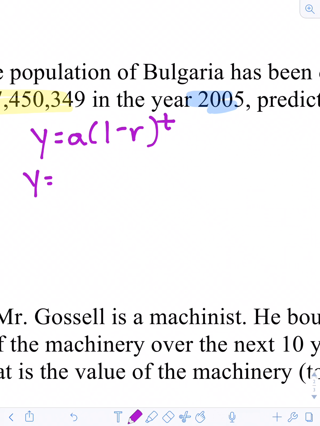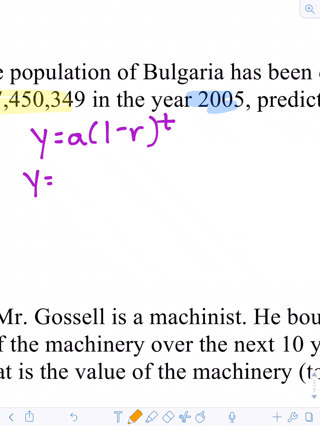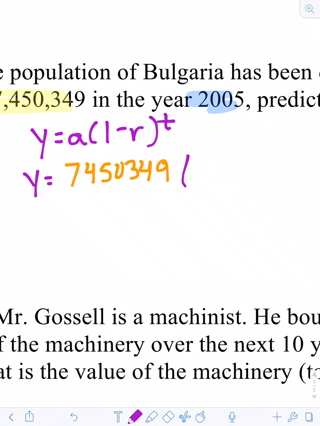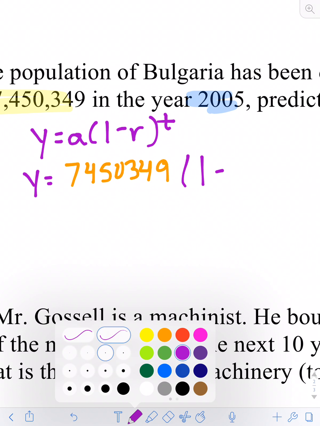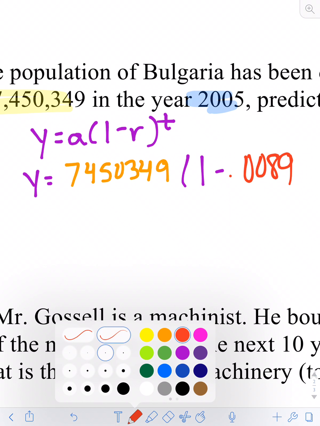So y equals, again, your initial value, which was 7,450,349. Then we have parentheses 1 minus my rate. My rate is 0.0089. And that's all to the power of 10.